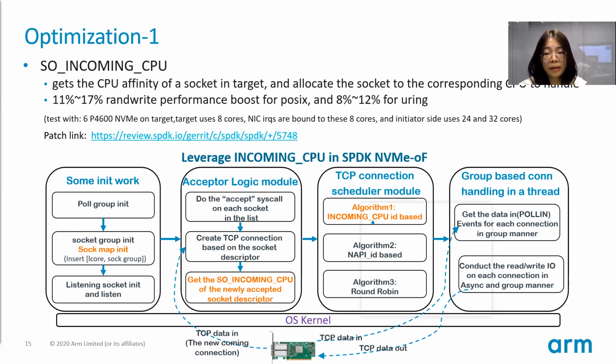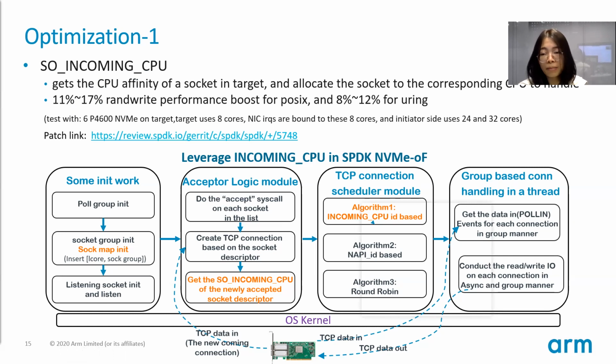The detailed implementation is that we use a sock map to record the CPU ID and destination group pair. When doing the sock group initialization in each core, the CPU ID and sock group pair is inserted. And then when a new connection comes, we create a new socket for this connection and then get the SO_INCOMING_CPU ID of this socket.